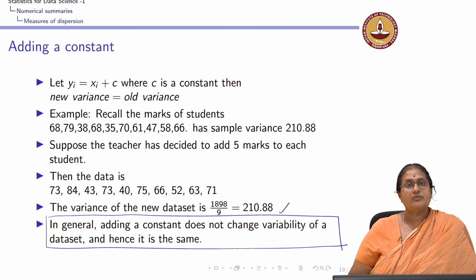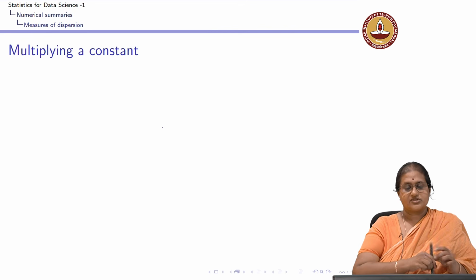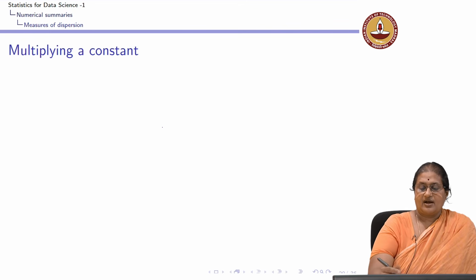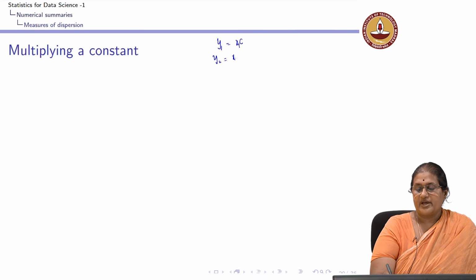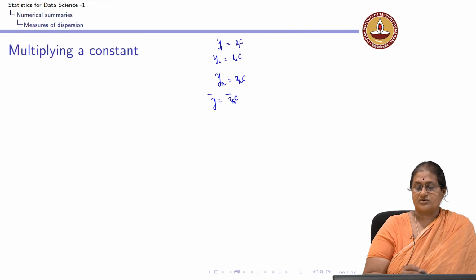What happens when we multiply the data set with a constant? Again, I have my y1, which is x1 times a constant, y2, x2 times a constant, yn, which is xn times a constant. I know y bar is x bar times the constant.